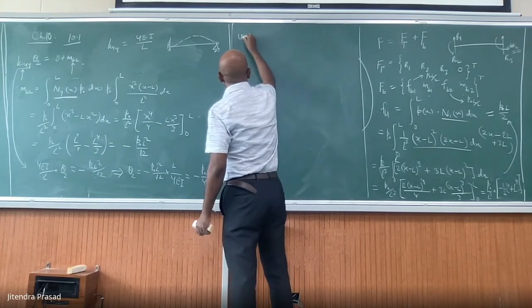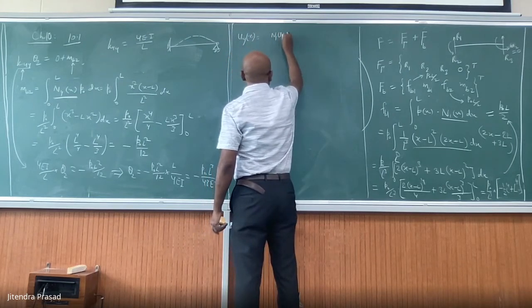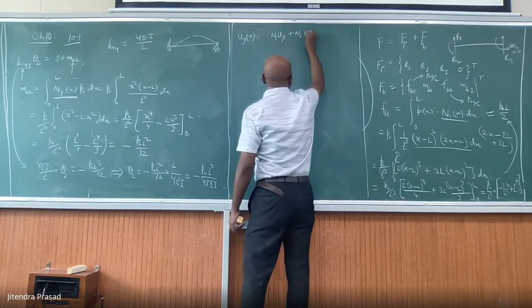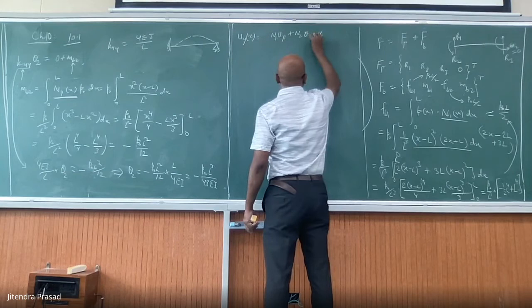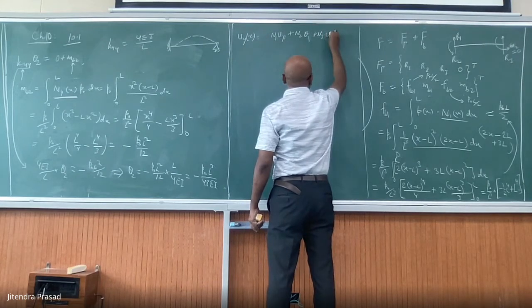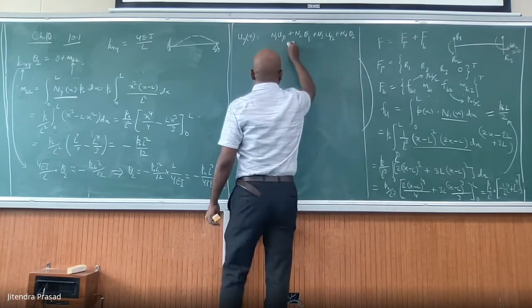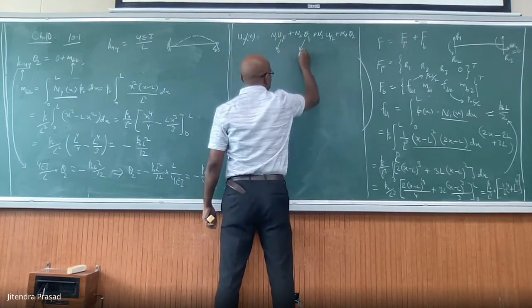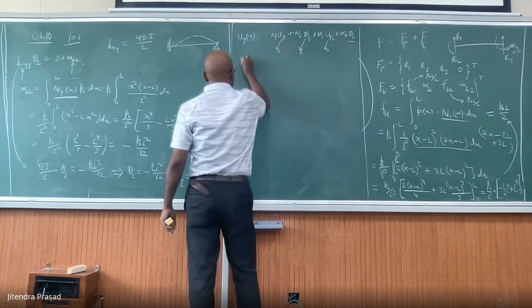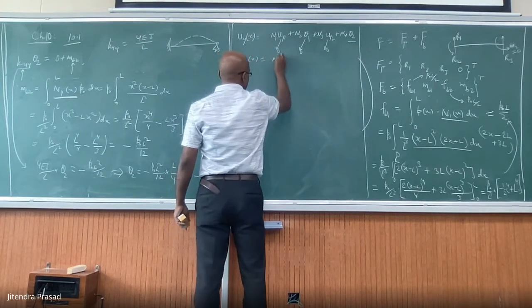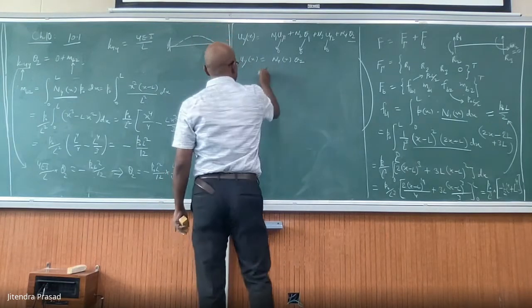So according to this finite element analysis, you will have N1 Uy1 plus N2 theta 2 plus N3 Uy2 plus N4 theta 2. Now this is 0, this is 0, and this is 0. So Uy is equal to N4(x) multiplied by theta 2, and theta 2 is this. What is N4?